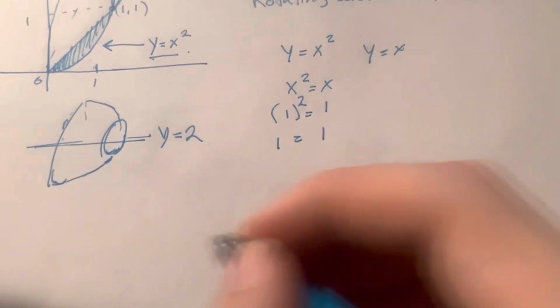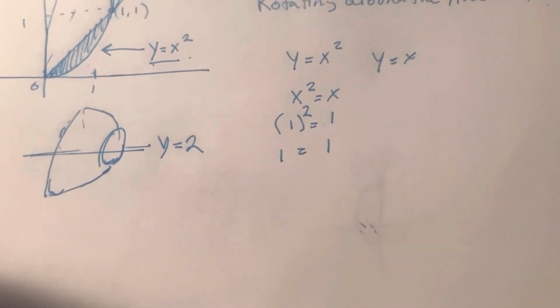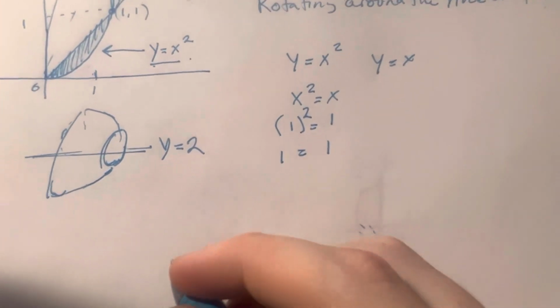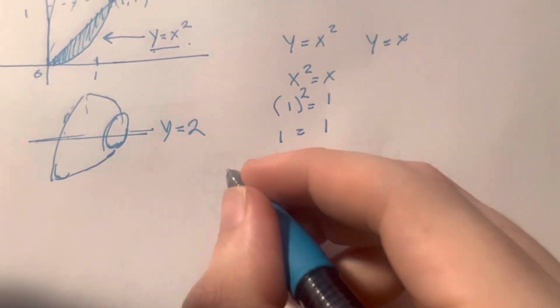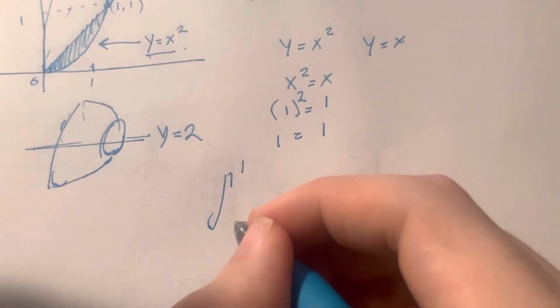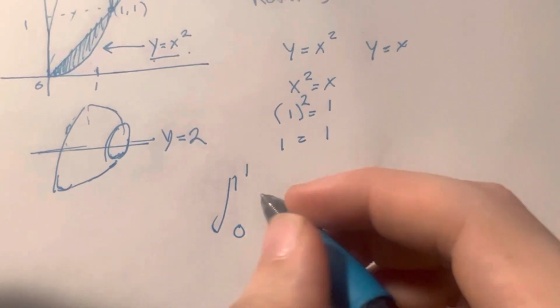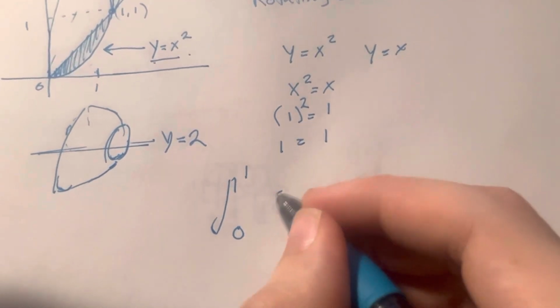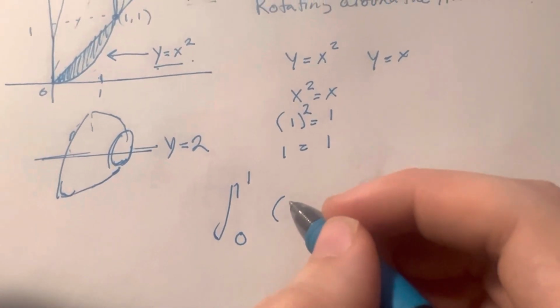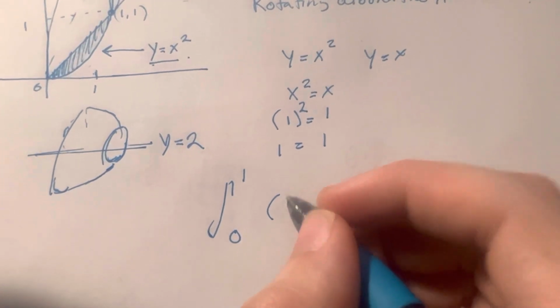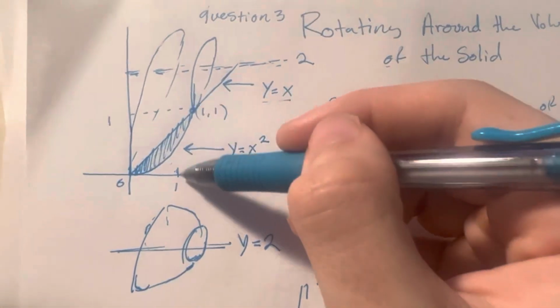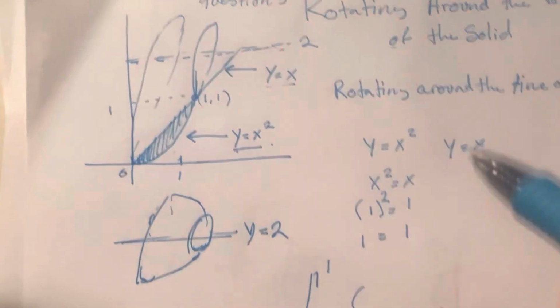So when we are trying to define the limits, we would use an integral that is bounded between 0 and 1. We would use the washer method, since it's two functions bounding an area and it's rotated around this axis.